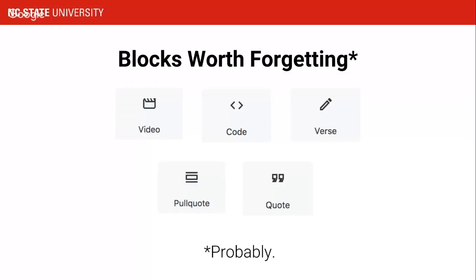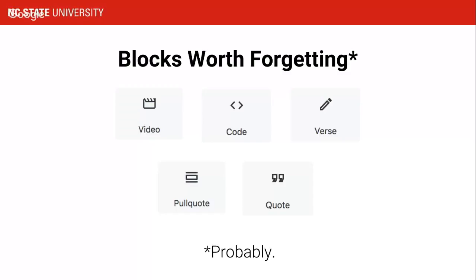But it's also not something that happens very often at a university, at least not for a departmental website, for instance. And so the verse block is like the paragraph block, but it respects any extra line breaks or anything like that.